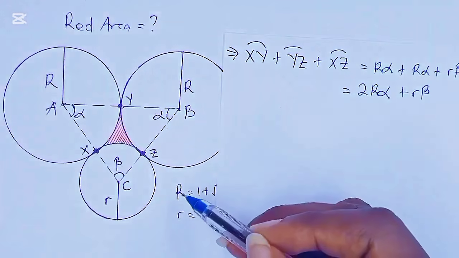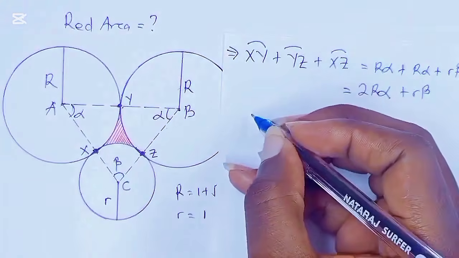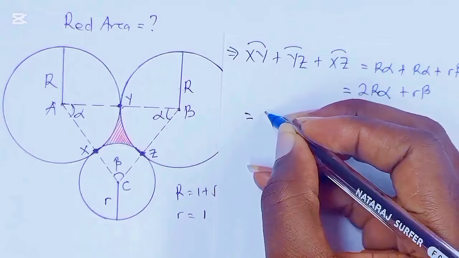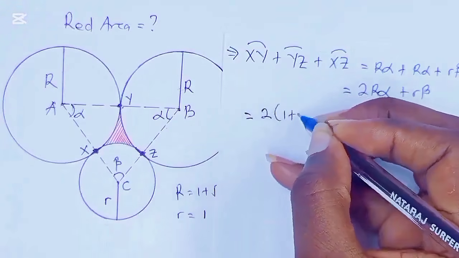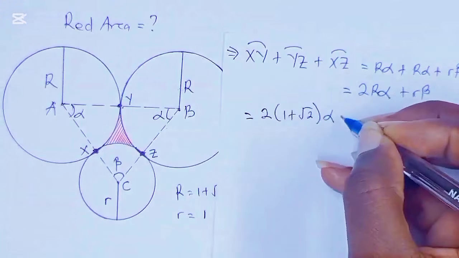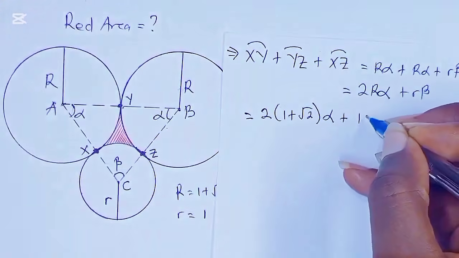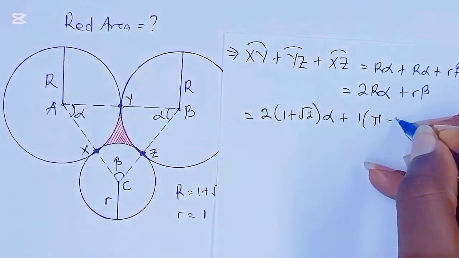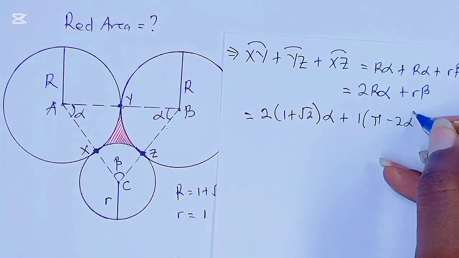Remember, we have the value of capital R and small r. So this will be equal to 2 into 1 plus root 2 alpha plus 1 into pi minus 2 alpha.